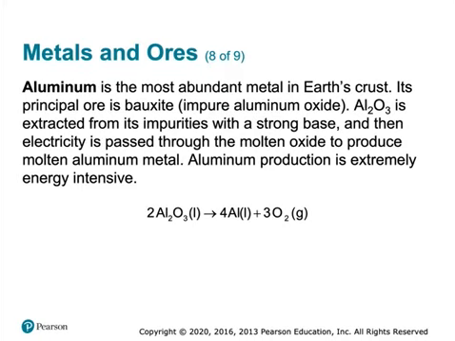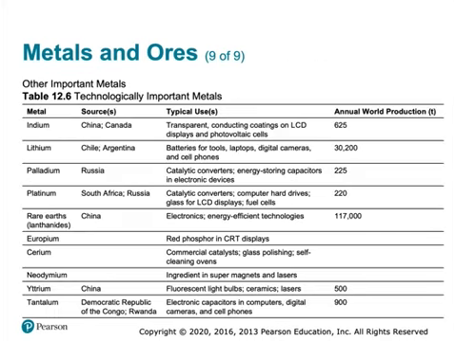It was more expensive than gold. Napoleon used to have his guests dine off of aluminum plates, and his lesser folks he had dine on the gold plates. So aluminum was more precious than gold in the olden days. Now, of course, it's no problem. We have tons of it.